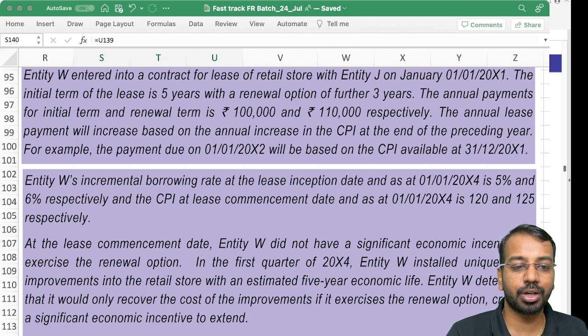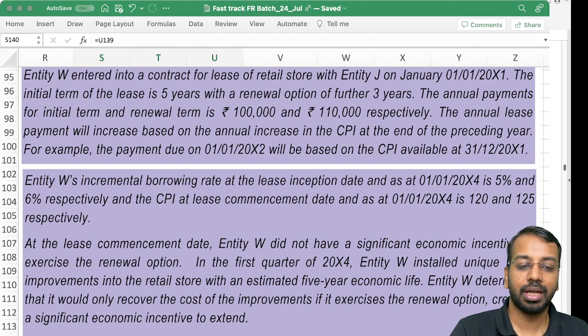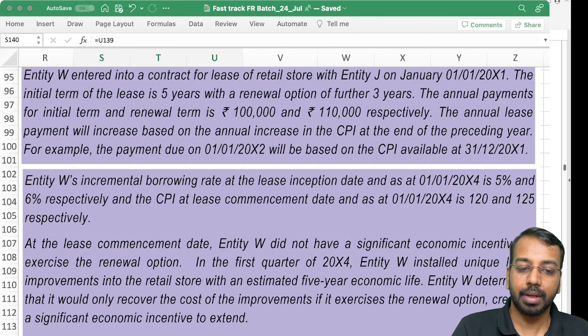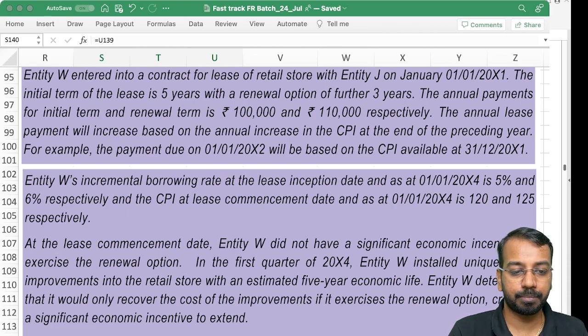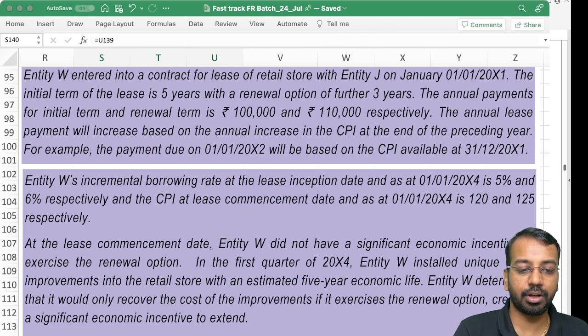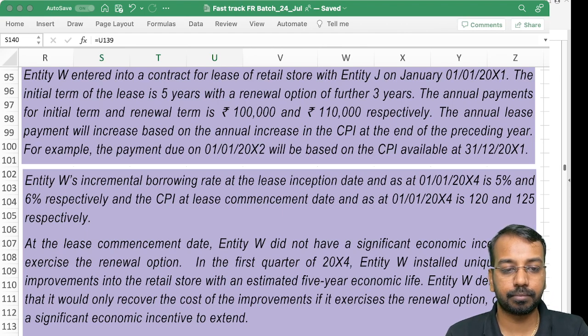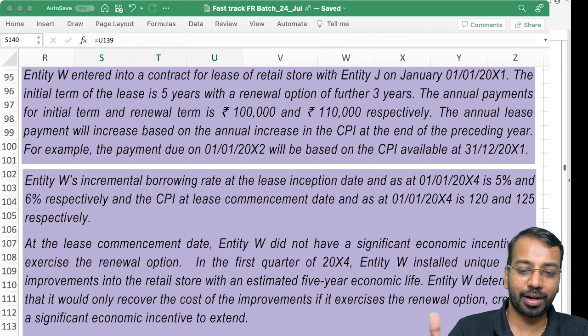Initially, did we have the renewal option? We did not have the renewal option. Now we are saying we will exercise the renewal option. Are we clear with this? 1st of January of year 4, the renewal option is being exercised. Can you please confirm whether you have understood or not, yes or no, or any doubt?